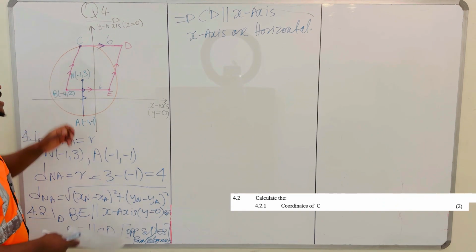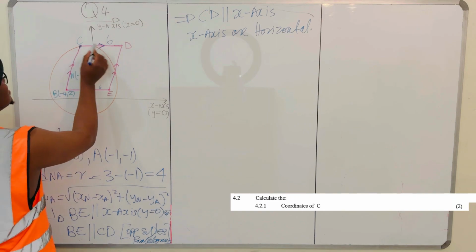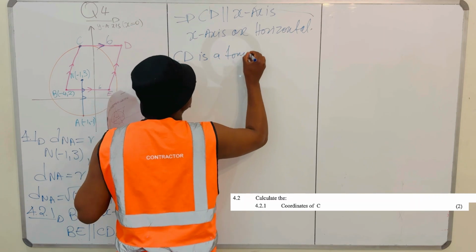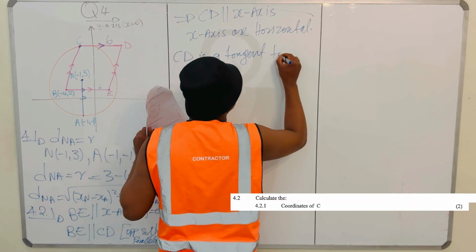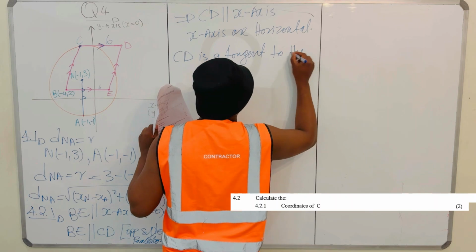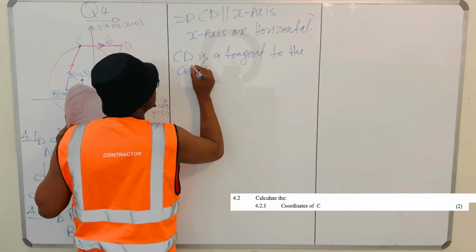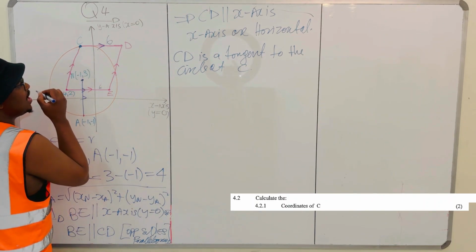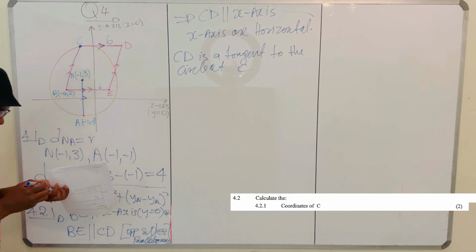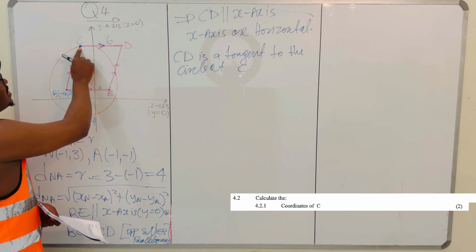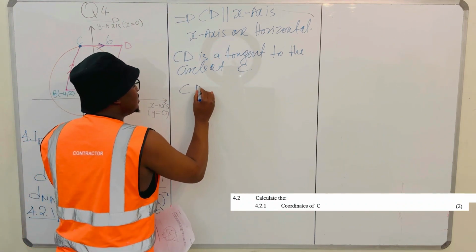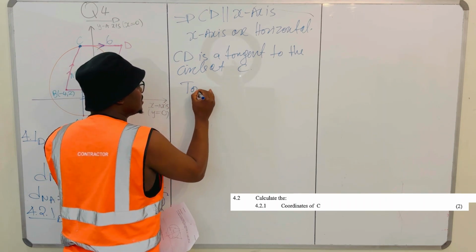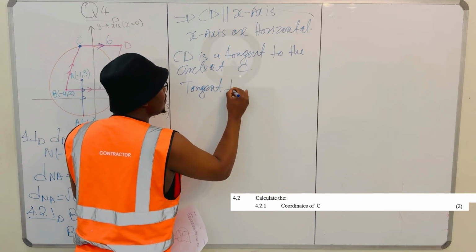This line is horizontal. And we're told that this line CD is a tangent to our circle at C. And we know that if CD is a tangent to the circle at C, the line of tangent is perpendicular to what?